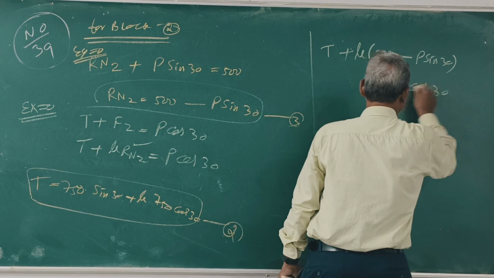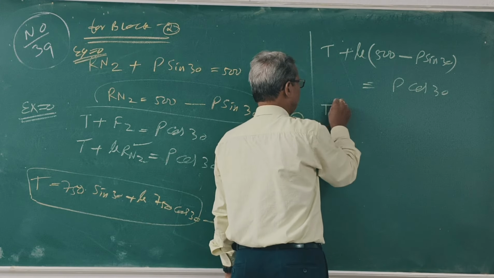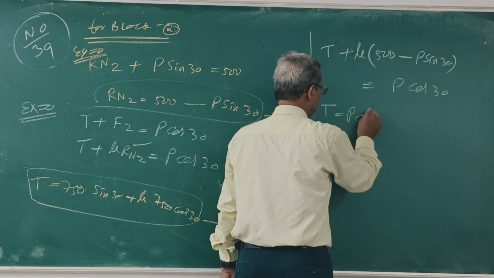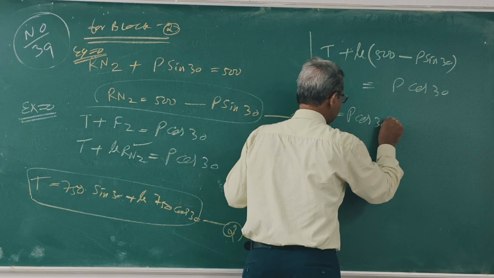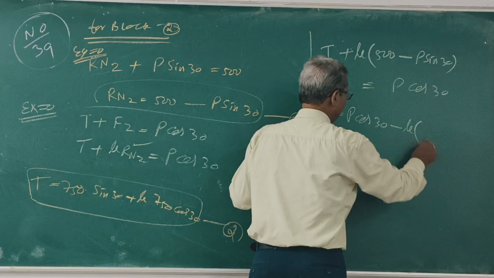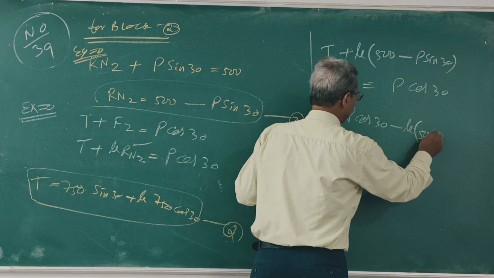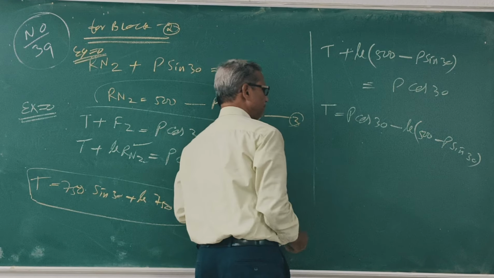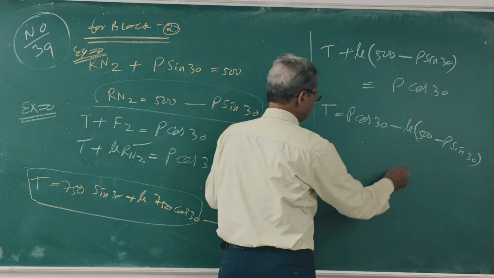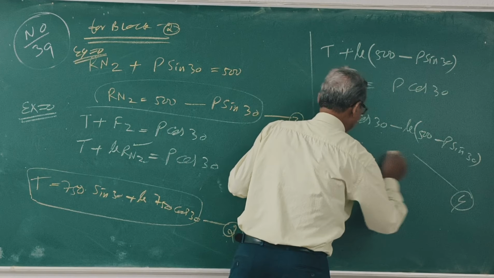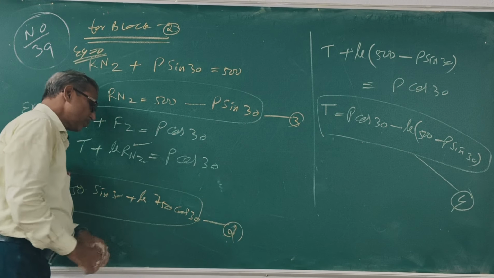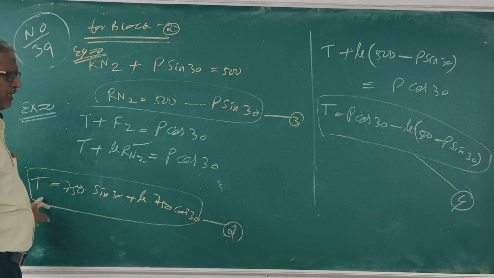So T is equal to P cos 30 minus mu into 500 minus P sin 30. This is equation 4. Now, in equation 2, T is on the left side. Equation 4, T is on the left side.